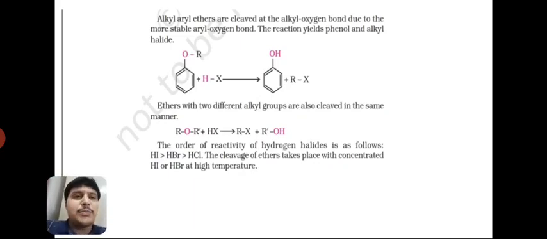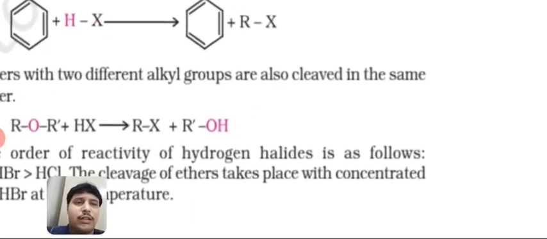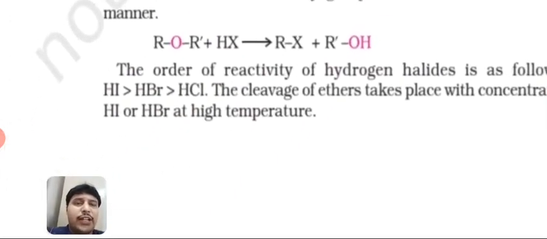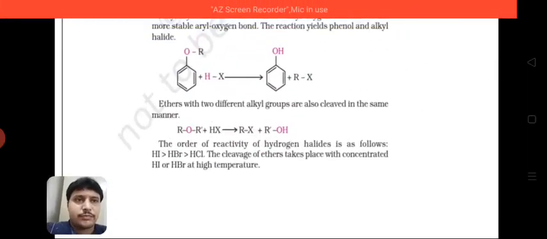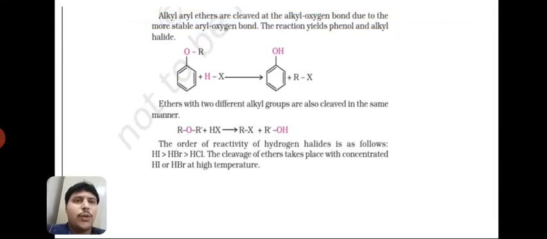Its IUPAC name is methoxybenzene. So methoxybenzene plus HI gives phenol plus methyl iodide. The order is already on the screen: HI greater than HBr greater than HCl. So this is the trend. I hope this point is clear to all of you.